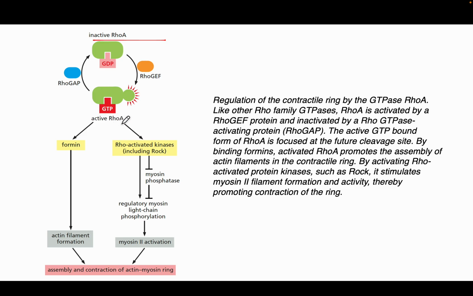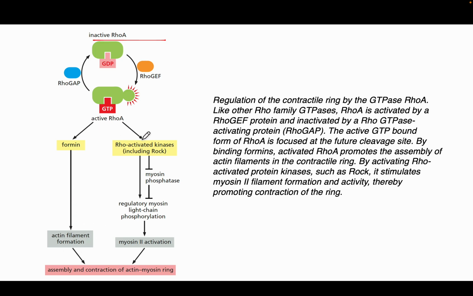So active RhoA, the active GTP-bound form of RhoA, is focused at the future cleavage site. By binding formins, activated RhoA promotes the assembly of actin filaments in the contractile ring. So it binds with formin and helps in the formation of actin filaments.